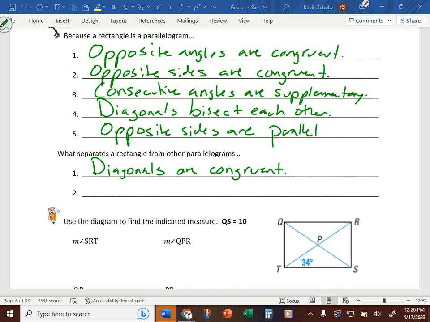Okay, quiet. Diagonals are congruent. That is one of the special characteristics of a rectangle. The other, having to do with its angles, it has 4 right angles. Okay, 4 right angles. And since it has those 4 right angles, the 4 right angles of a rectangle are in the corners.